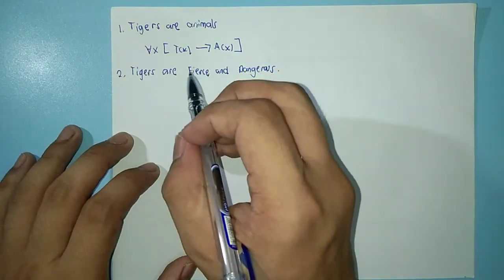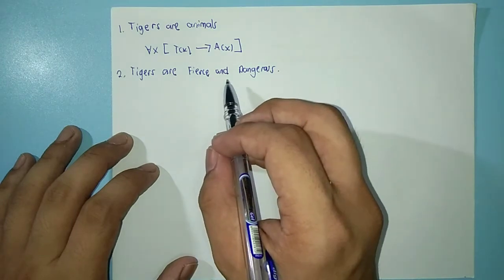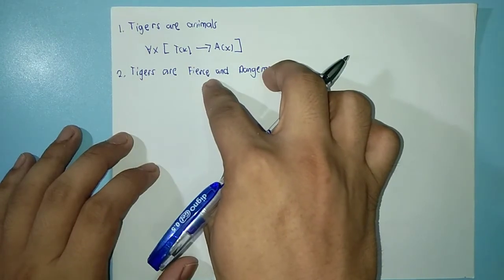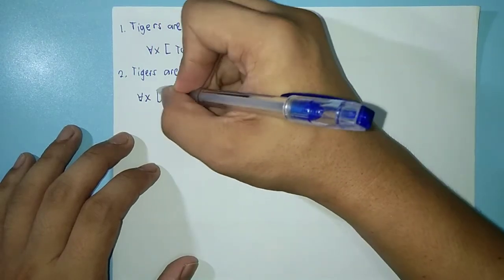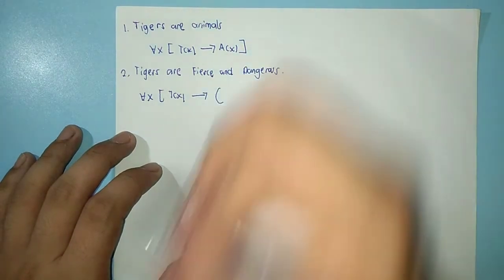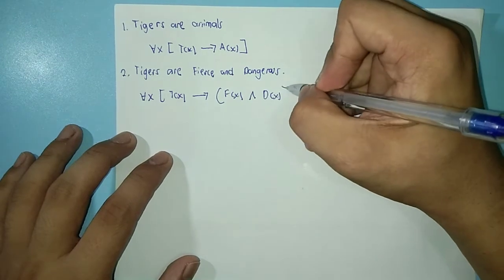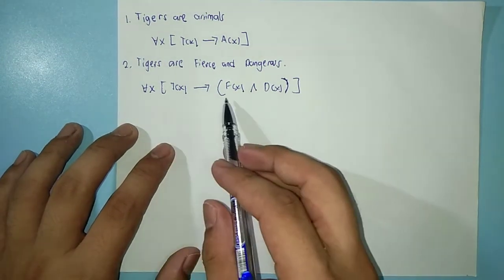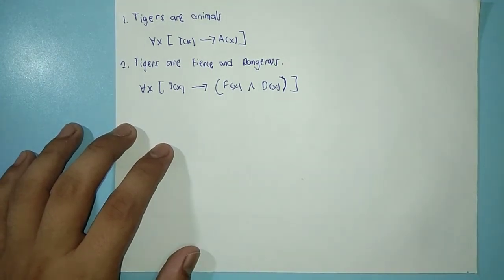But here, we have a conjunction formed, fierce and dangerous. So, a combination of a universal affirmative with a conjunction in the conclusion. So, meaning, if we translate that, that is for all x, T of x implies, parenthesis, F of x and D of x. Okay? So, tigers are fierce and dangerous.